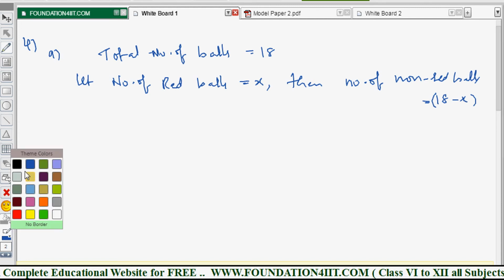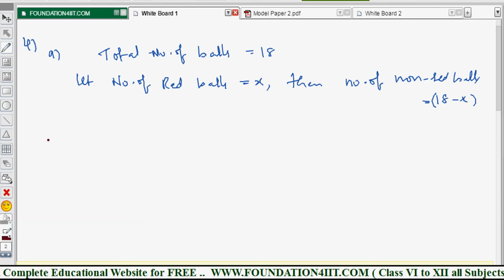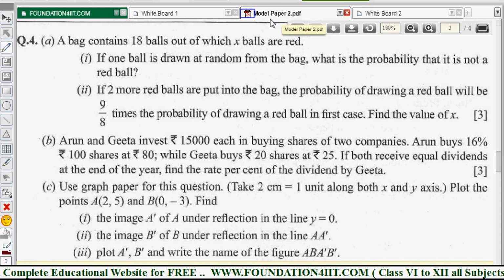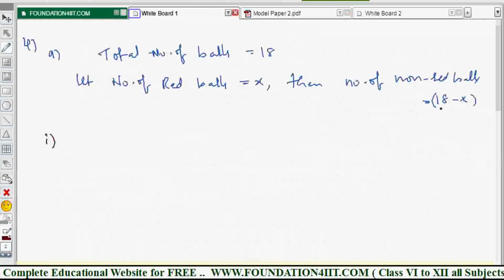Now let's take the first question. If one ball is drawn at random from the bag, what is the probability that it is not red? So not red is 18 minus x. Then the event is that the ball drawn is not red.